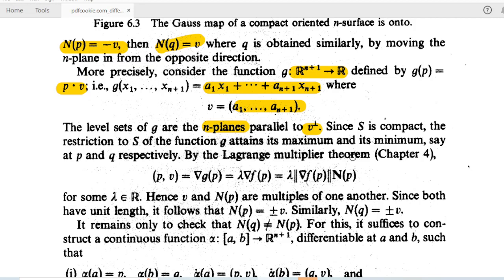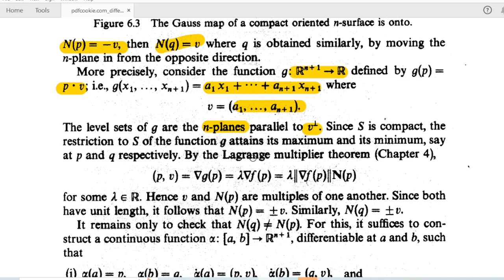So here the domain of g is R^(n+1), and if you restrict this g to S, then it will attain its maxima and minimum.